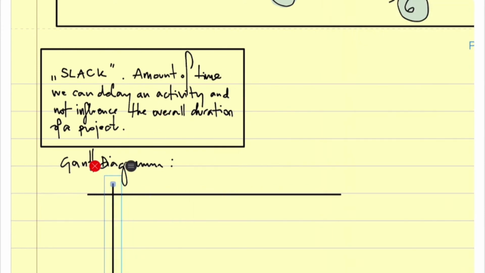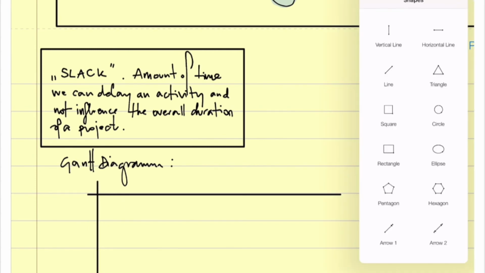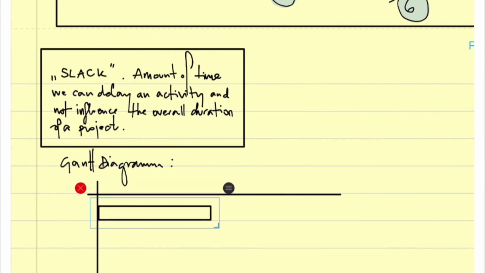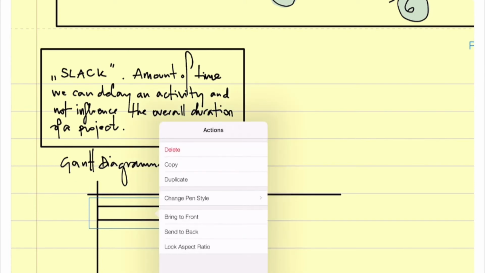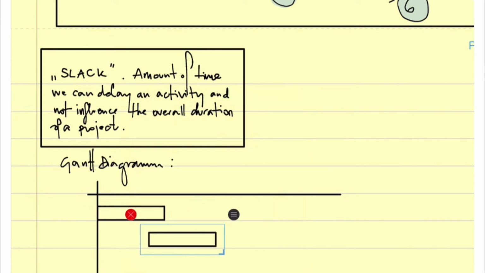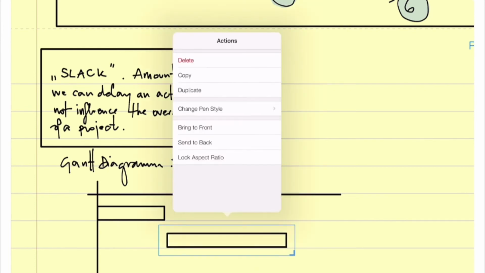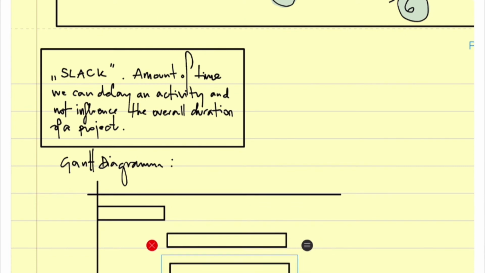And so we have our packages here, A and B duration here, and C here.